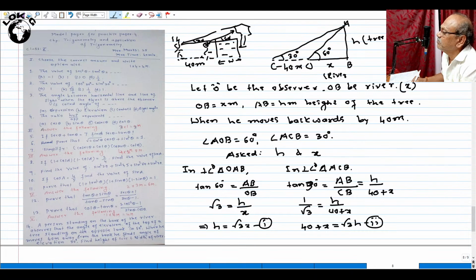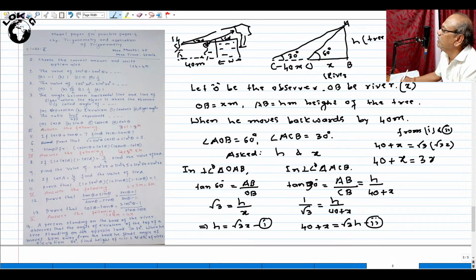Now you are in the last step. From equation 1 and equation 2, observe carefully, this is how you have to solve. From equation 2, wherever there is H, can I put root 3 X? Therefore, I get 40 plus X is equal to root 3 into root 3 X, because H from 1 is root 3 X. You get 40 plus X is equal to 3X, since root 3 into root 3 is 3.